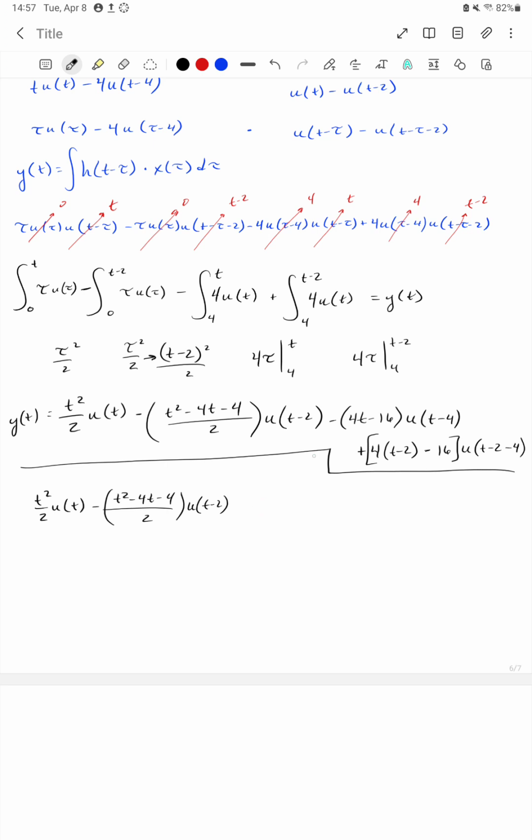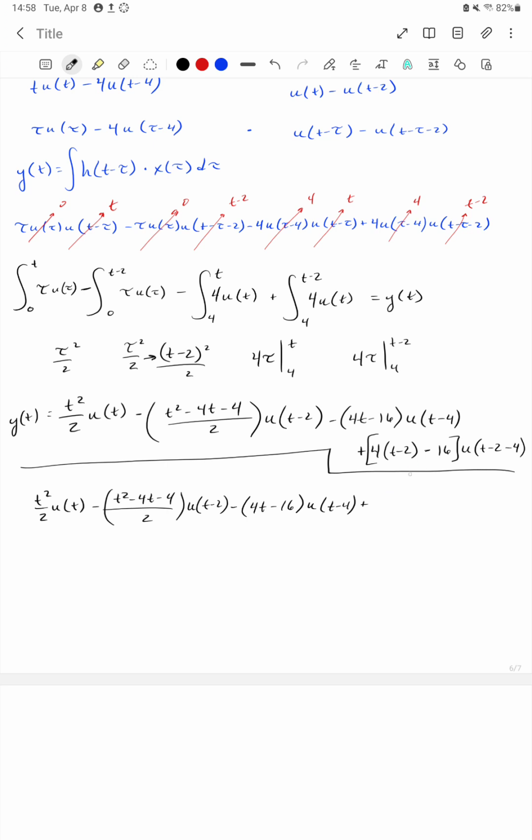Then this part right here. We distributed the 4 over here. So 4t minus, let's distribute this, 4t plus 16. Actually, we can't really do that because we need the u of t next to it. Apologies. Because of the u of t minus 4.